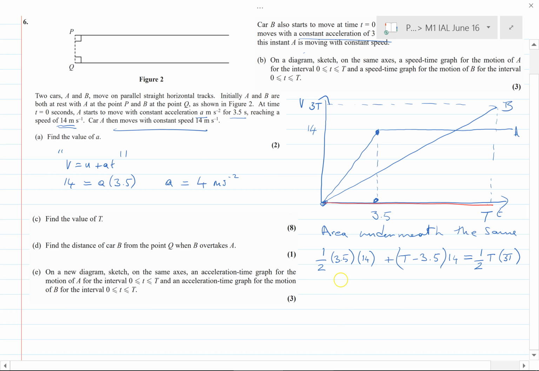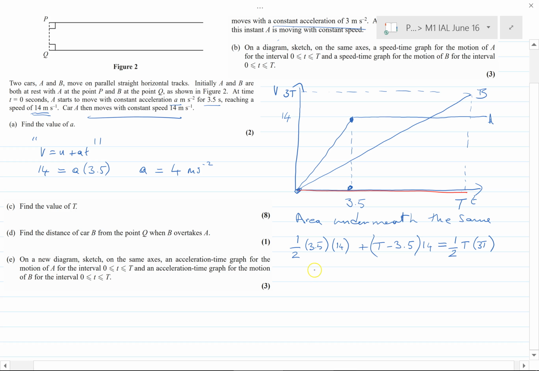I'm going to multiply both sides by 2 to avoid any fractions, because I can see I'm going to get 1.5t squared when I get the quadratic. So multiplying this by 2, 3.5 times 14 gives me 49. Then I'll multiply out this bracket, t minus 3.5, multiplied by 2 as well, times 14, which is 28.